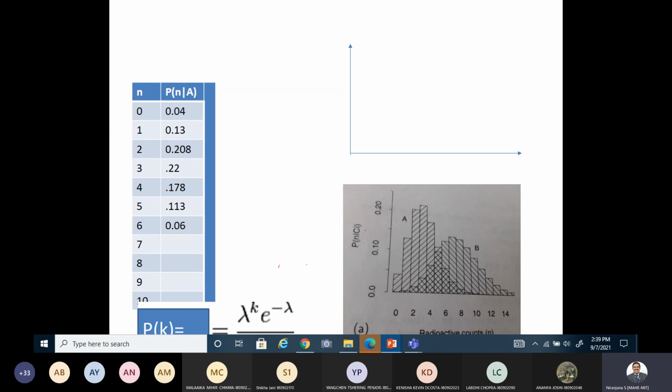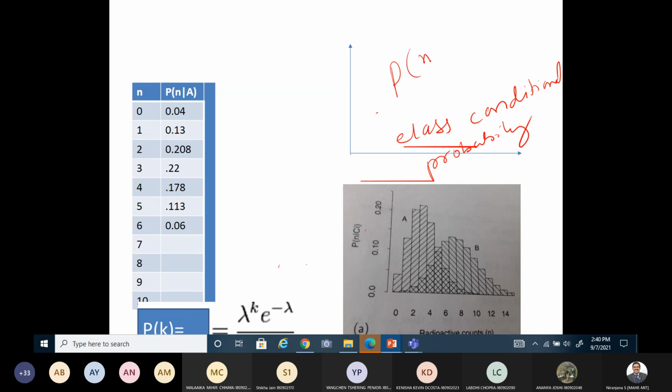In the classification domain, we can call that class conditional. This is a class, maybe A or B, whereas this can be a feature. Fine.